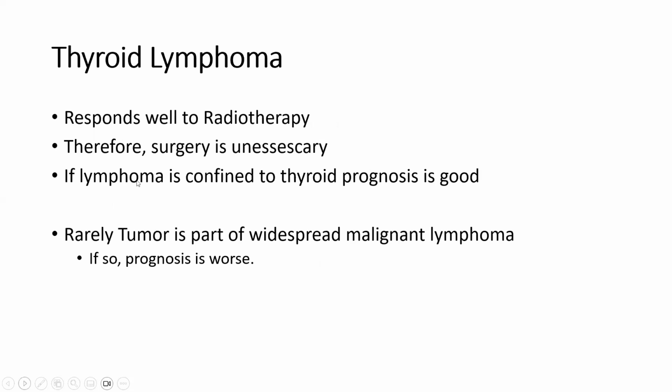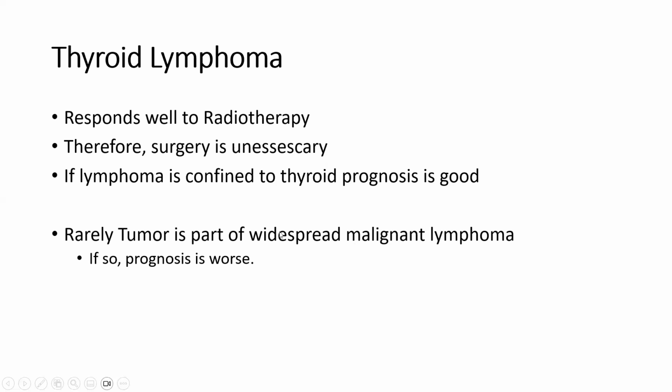Thyroid lymphoma. The thyroid has lymph tissue as well, so you can get lymphomas from them. Lymphomas generally respond well to radiotherapy, so surgery may not be needed. If the lymphoma is confined to the thyroid, the prognosis is good.